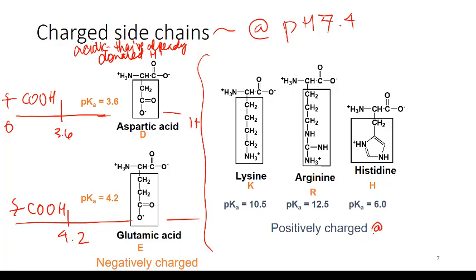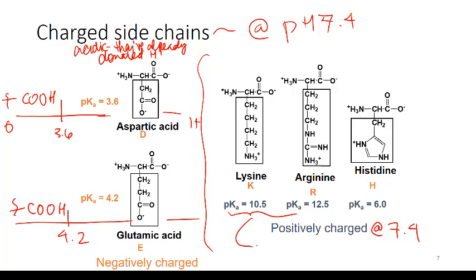Now, the other type of amino acids are our amino acids that are positively charged. We call them positively charged because they're generally positively charged at physiological pH. These are lysine and arginine. Lysine's pKa is in the same ballpark as tyrosine, and arginine's is 12.5.